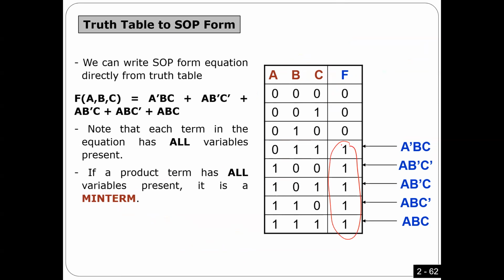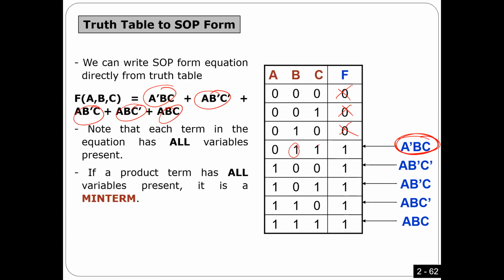I'm not going to work on zeros; I'm only going to work on ones. Number 2, each one should contribute one term, and everything is connected together using OR. Number 3, to calculate each term, you have to calculate it this way.